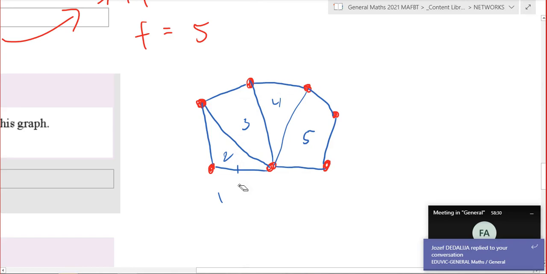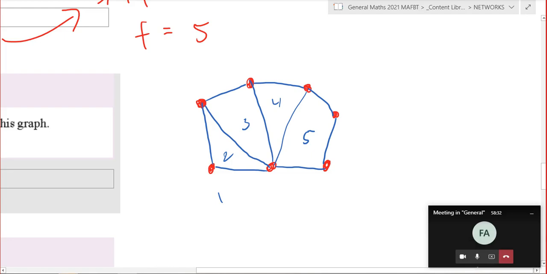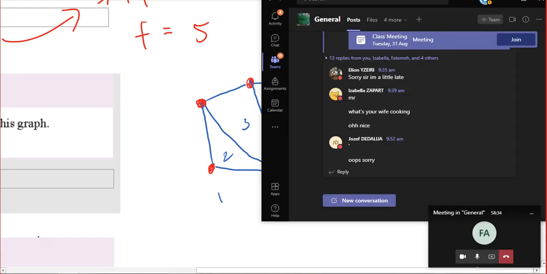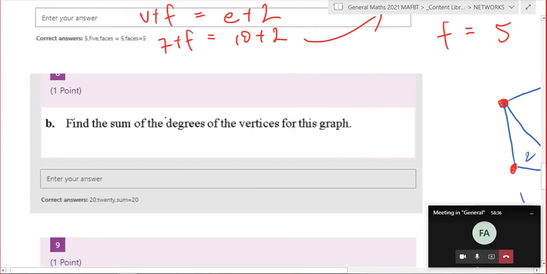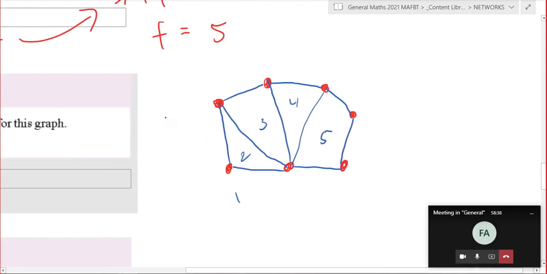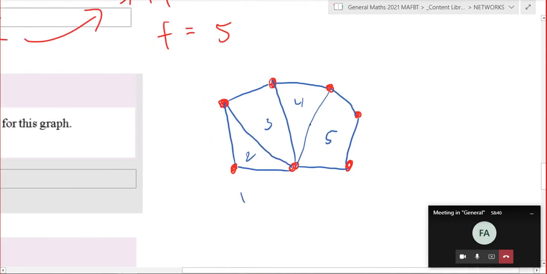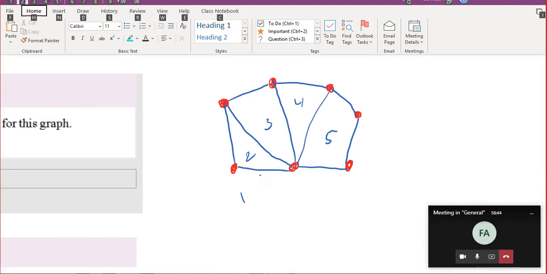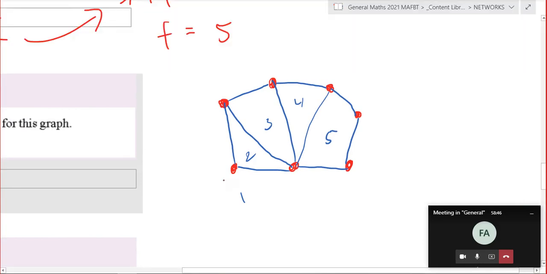You can figure out the weight of this graph. All good. You can figure out, sorry, the degree of this. So the sum of the degrees. So you've got the degrees here. If you want, you could write down the degrees for each vertex. So here you've got 2. Here you've got 3. Here you've got 3 as well. 3, 2, 2, and then 5. And then you just add all the numbers up.